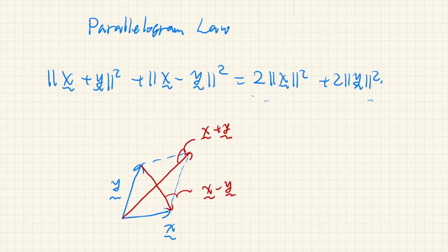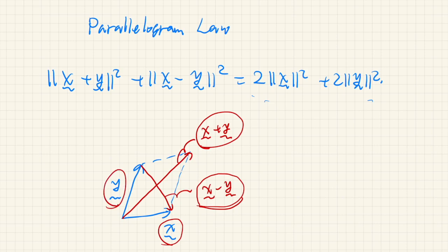So the sum of the square norm of this and the square norm of this is equal to twice the sum of the square norm of x and the square norm of y. So that's what this parallelogram law means. So what's nice about the Hilbert space is that we can do some geometric interpretations of the vectors.